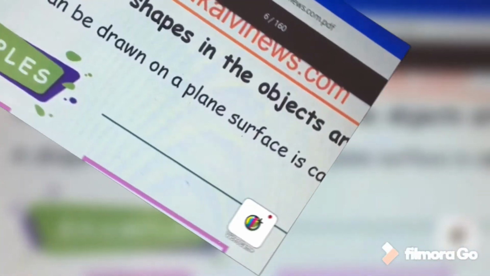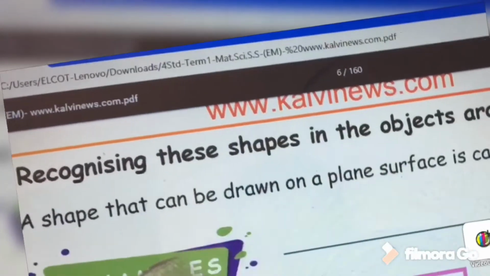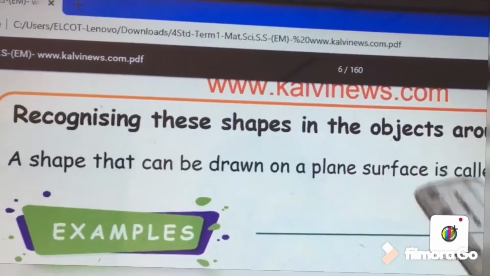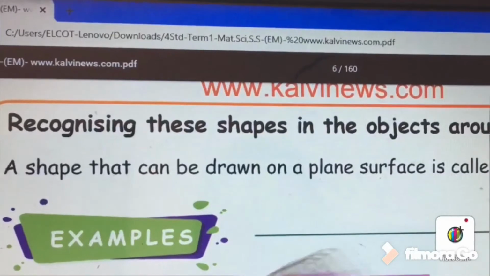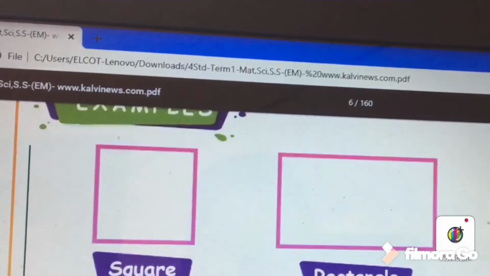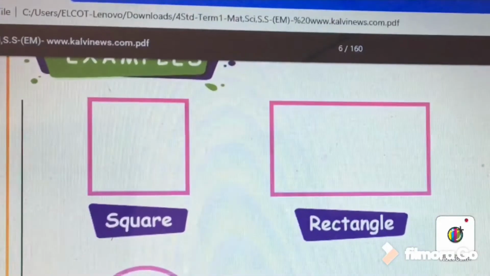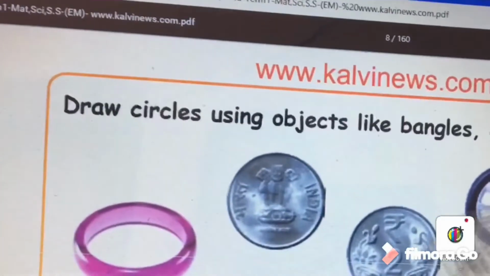In the previous class, you learned what a plane figure is. A shape that can be drawn on a plane surface is called a plane figure. Here we have some examples of plane figures or 2D shapes: square, rectangle, triangle, circle, semicircle and pentagon.